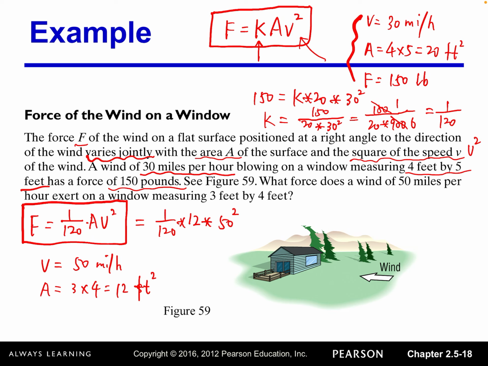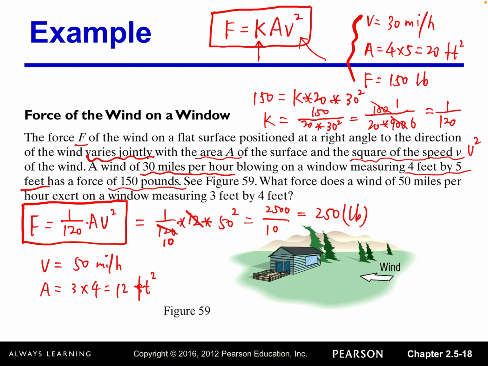So 12 and 120 we can cancel, that's 10, so the denominator is 10, numerator 50 squared, that's 2500. 2500 divided by 10 is 250 pounds. So this wind of 50 miles per hour exerts 250 pounds on the window measuring 3 by 4 feet.